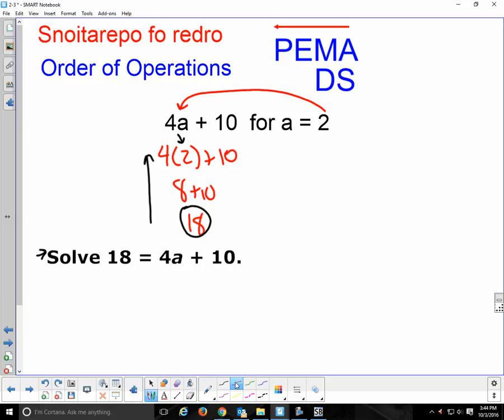If we follow SNOIT to repo for read row, if we go backwards through PEMDAS, we're going to deal with any adding or subtracting first. Then we're going to deal with any multiplying or dividing. So in this problem, there's a 4 times a, and there's a plus 10. If I work backwards through my order of operations, I'm going to deal with the adding or subtracting first.